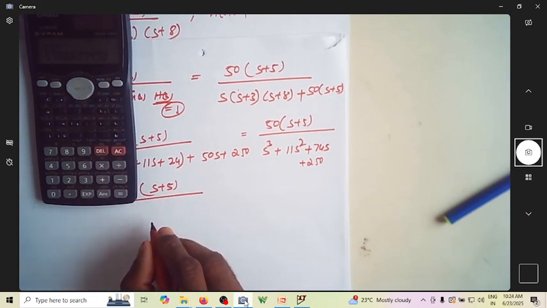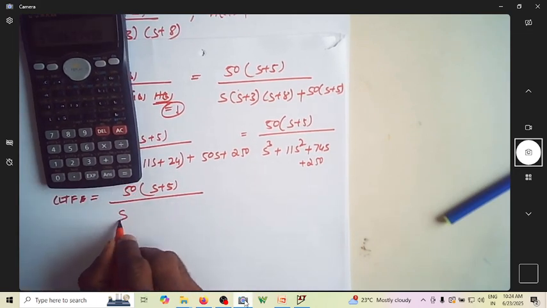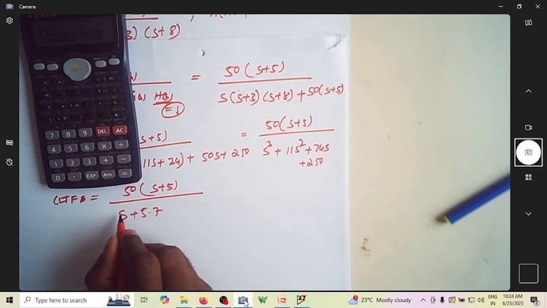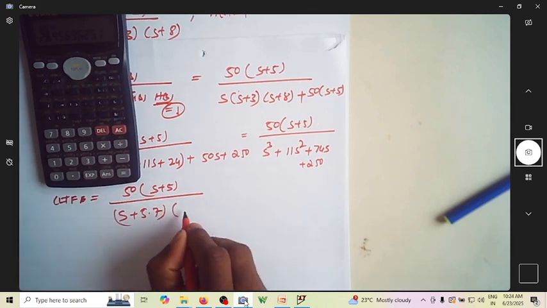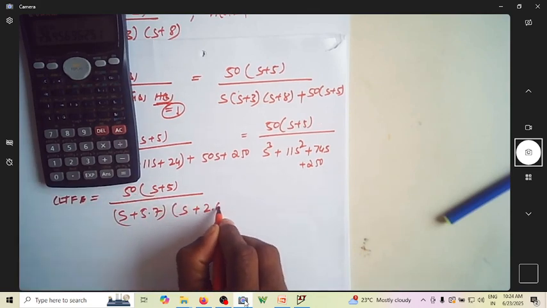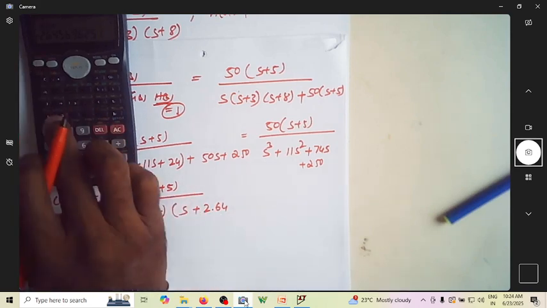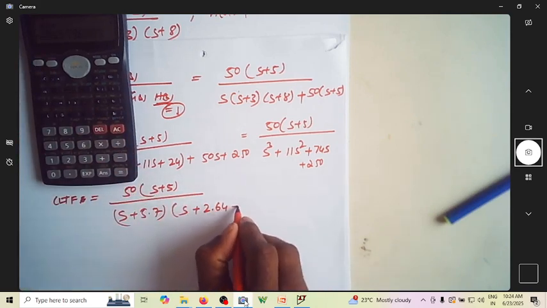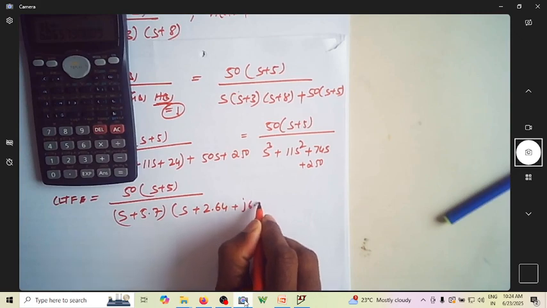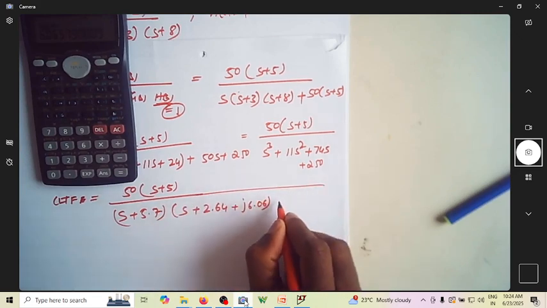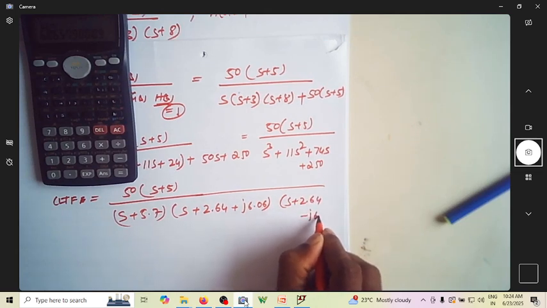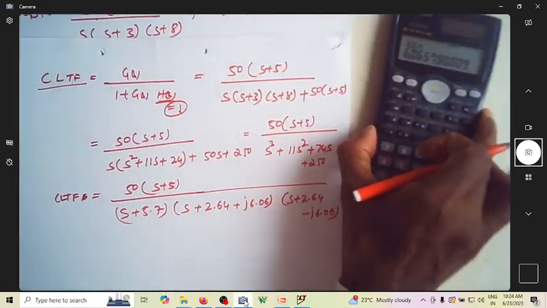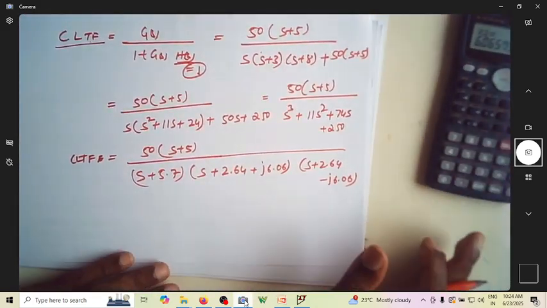The roots are, okay, it is (s plus 5.7) and (s plus 2.64 plus j 6.06) and (s plus 2.64 minus j 6.06). These are the closed loop poles.